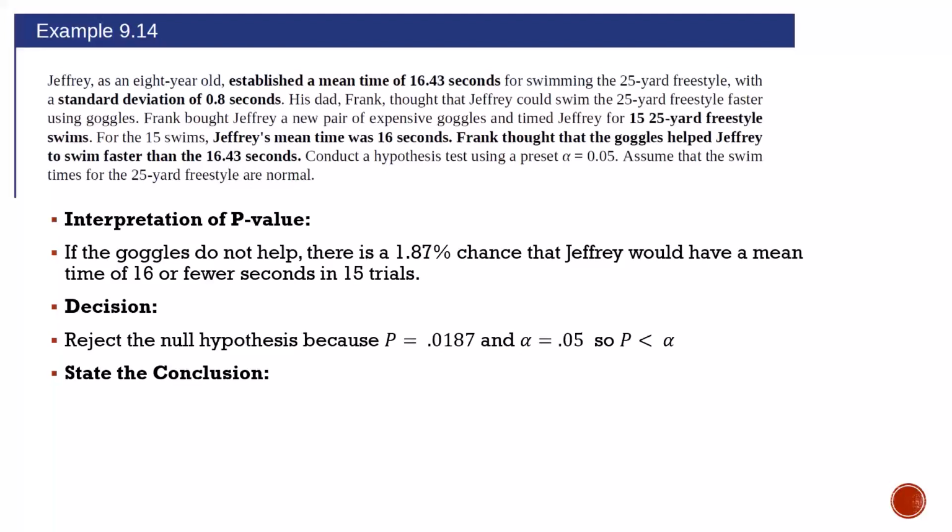So if you want to state the conclusion in your own words, you would say, do we want to say there is sufficient evidence to support or the evidence does not support? What do you want to say? Yeah, I wrote it a little bit different, and what's the claim here, in regular people words? So the claim was that the mean was less than a certain value, right? What does that mean about the story?